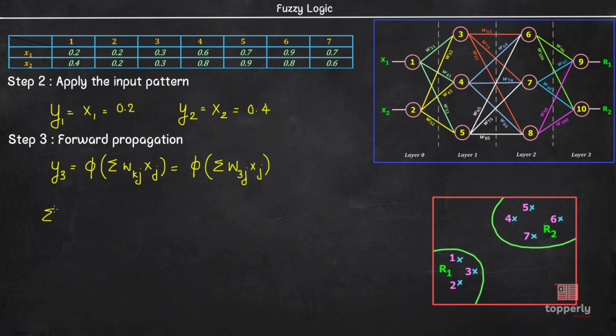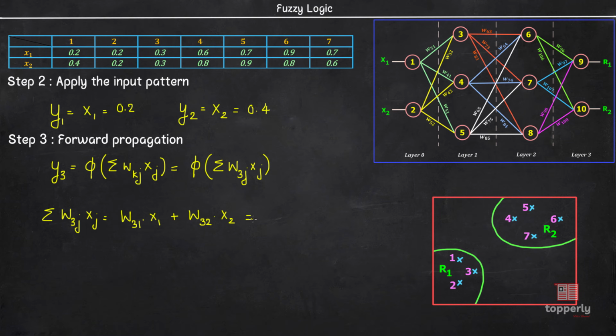Now sigma w3j into xj is equal to w31 into x1 plus w32 into x2, because only neuron 1 and neuron 2 provide input to neuron 3.